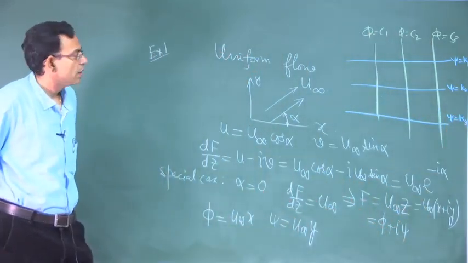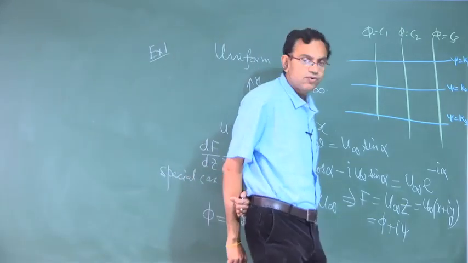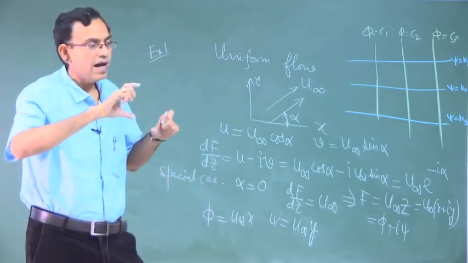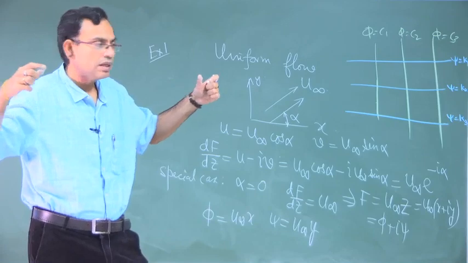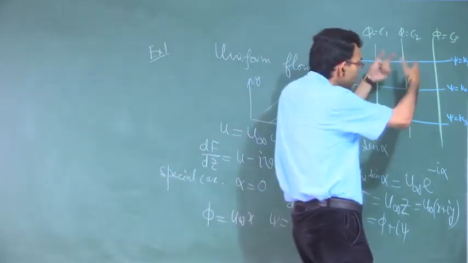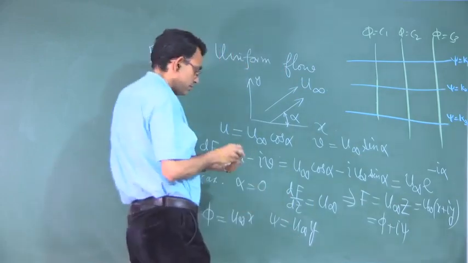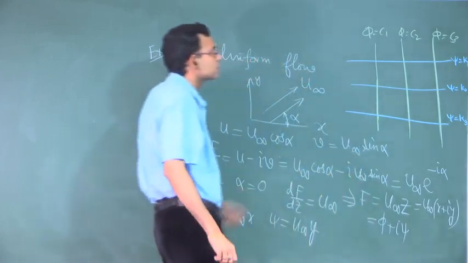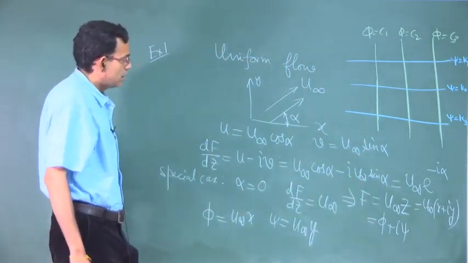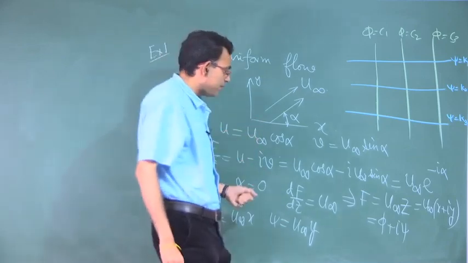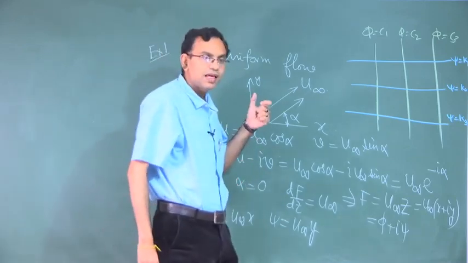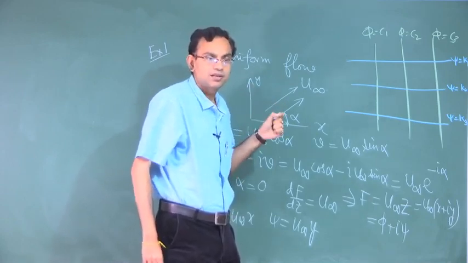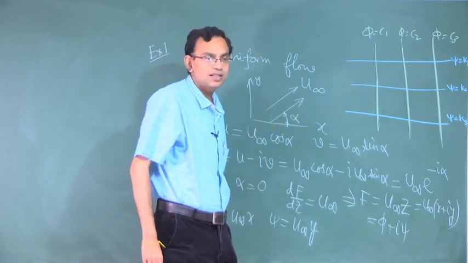This is also called a flow net, with the orthogonal phi's and psi's laid out together to form a network. This is the most simple type of flow, but at least we can get a complex potential F equal to u infinity z for uniform flow along the x axis.